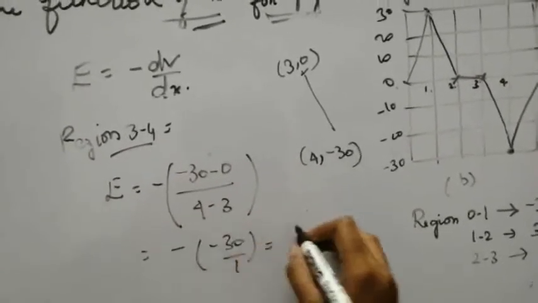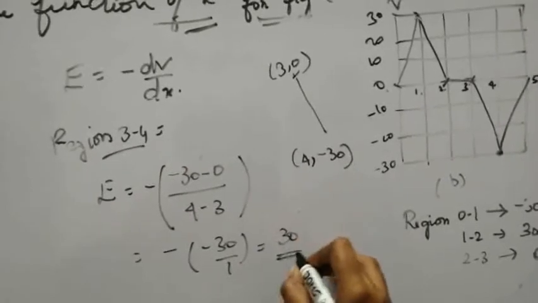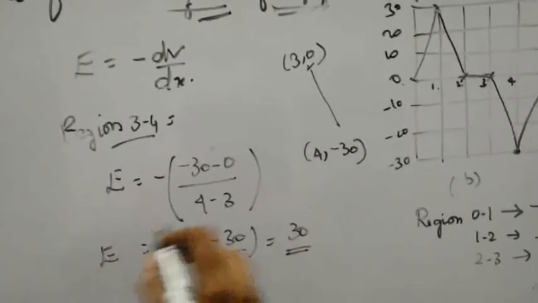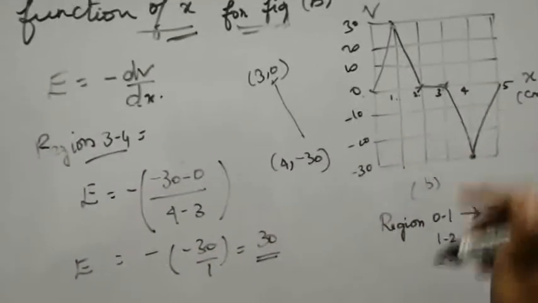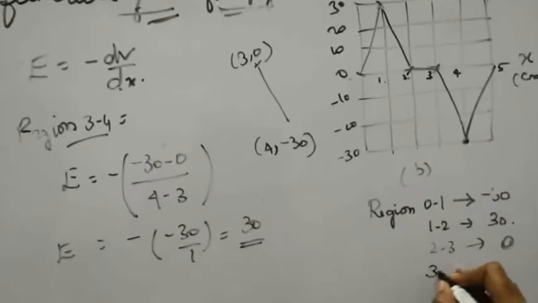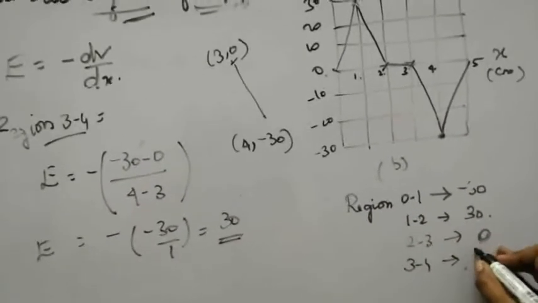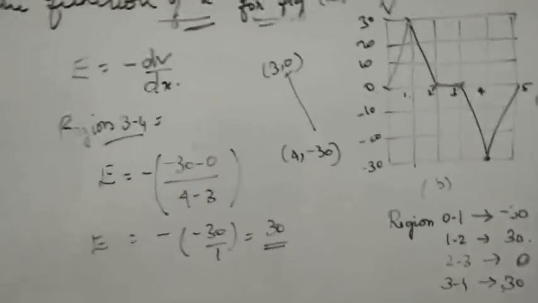Minus into minus becomes plus 30. This is the electric field value for the region 3 to 4, which is plus 30.